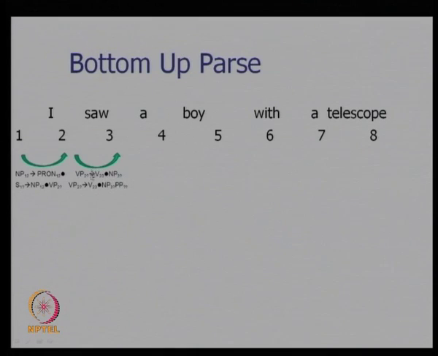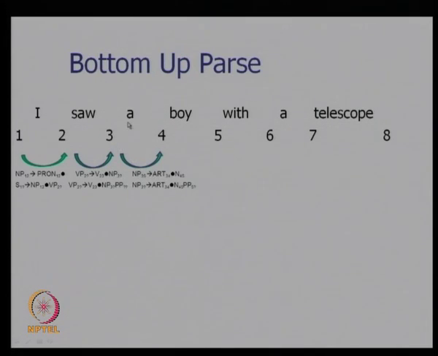In the next item set, we have resolved the verb with saw, and thereby VP has completed the work of finding a V. Now, an NP has to be found starting from position number 3. Now, ambiguity situations crop up. Two rules are applicable in this situation. So, we can also have the verb phrase with V resolved and NP and PP to be found.